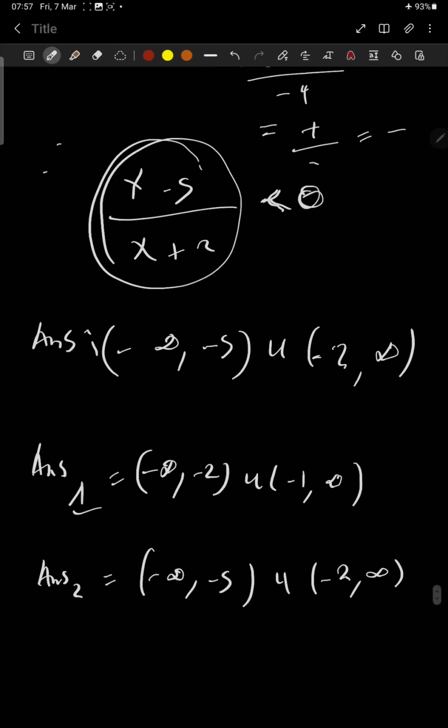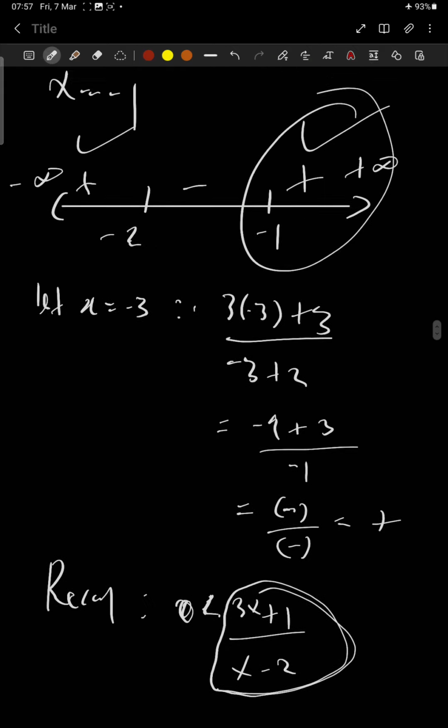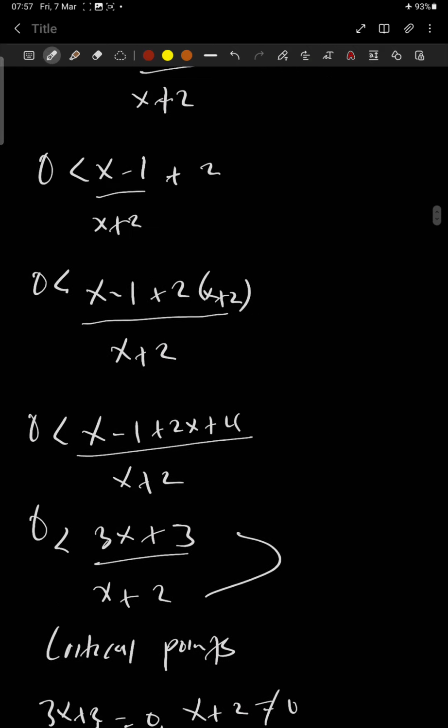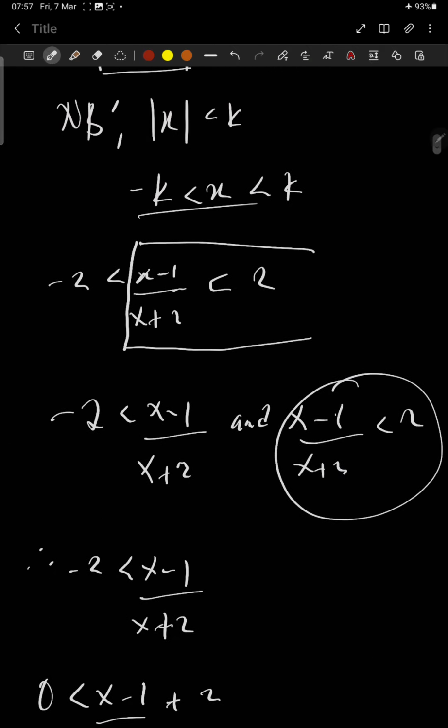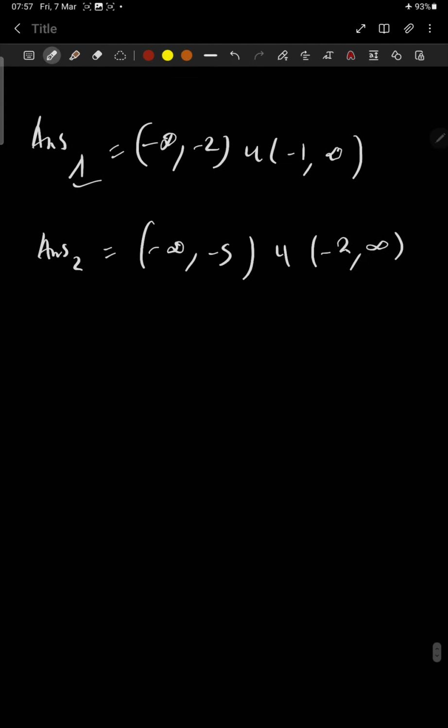Now since our modulus was less than k, here we're going to have 'and', which means intersection. So I'm going to find the intersection from this answer and this answer. Let me find the intersection. I'll use a number line to find the intersection. So I'll start with the first one, negative 2.